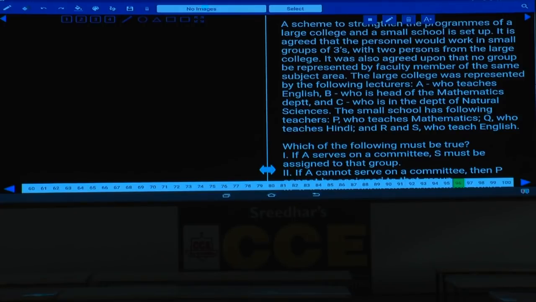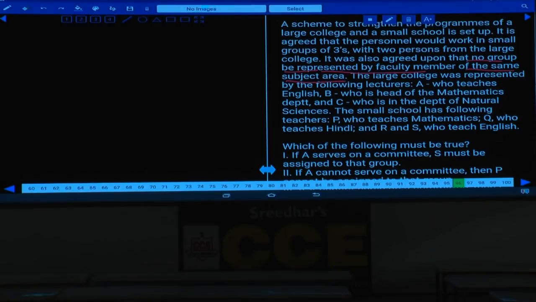No group be represented by the faculty member of the same subject area. That means if one person is from mathematics, another person from mathematics cannot be in that group. And one person is from, what are the other subjects here? Natural science. Another person cannot be from natural science and so on. That means no 2 persons belonging to the same subject must be in the group.